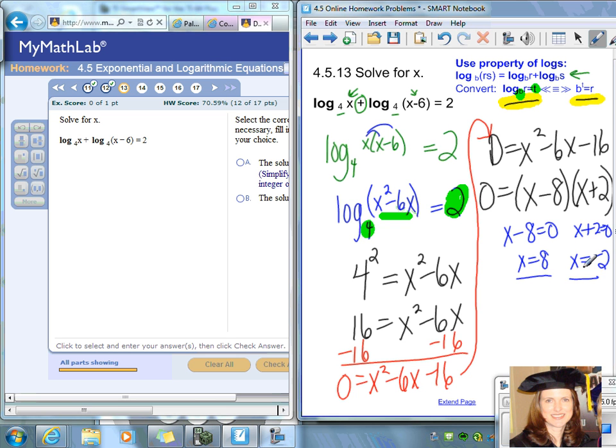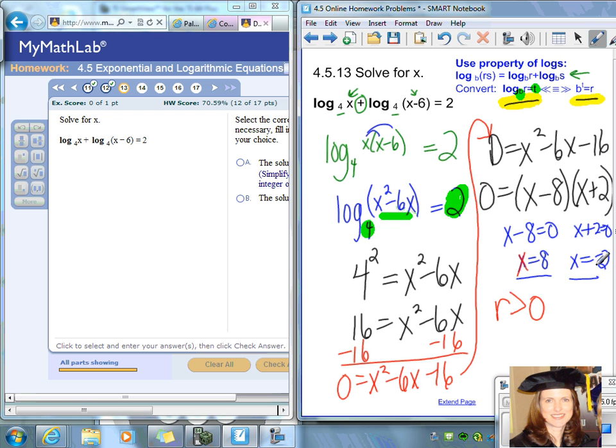Now at first glance, it looks like we have two solutions, but you do need to be careful here. When you are evaluating logarithms, the argument r must be positive. R has to be greater than 0. When you plug in x equals 8, you do get a positive argument.